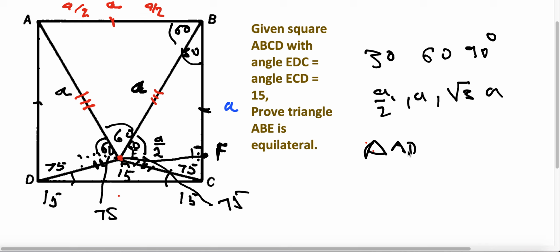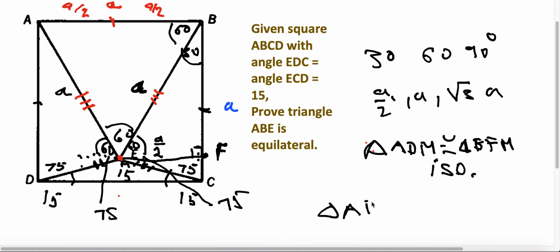Triangle ADM is congruent with the triangle BFM, and those are isosceles triangles. We already proved that all the sides of the triangle ABE are congruent, so the triangle ABE is an equilateral triangle. So we already proved it here.